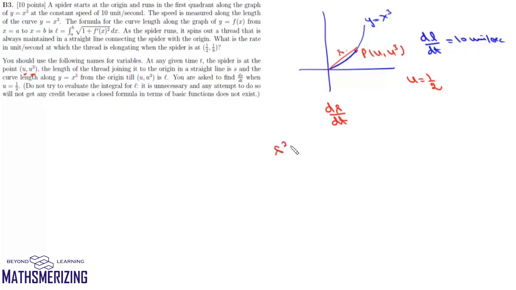Now s is distance of this point from origin. So we can write s square as u square plus u to the power 6. Now we'll differentiate. We can write 2s ds upon dt will be equal to 2u plus 6u to the power 5 into du upon dt.